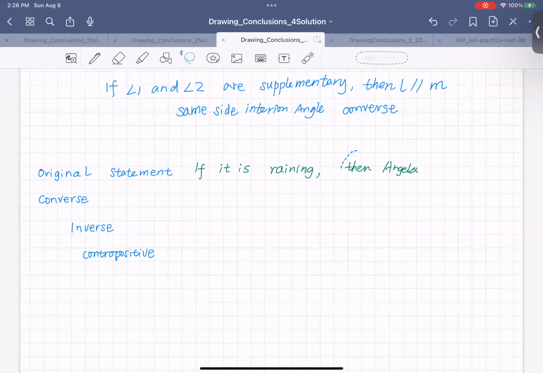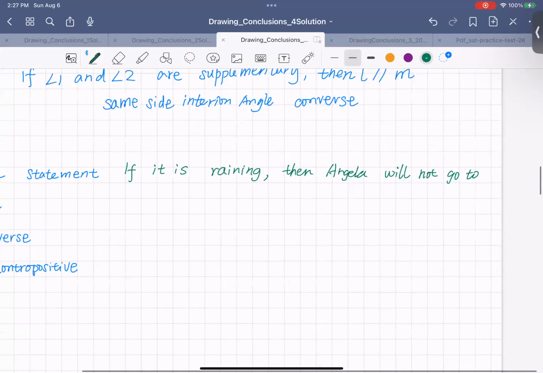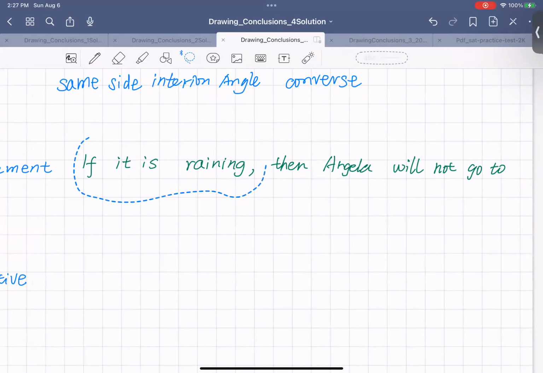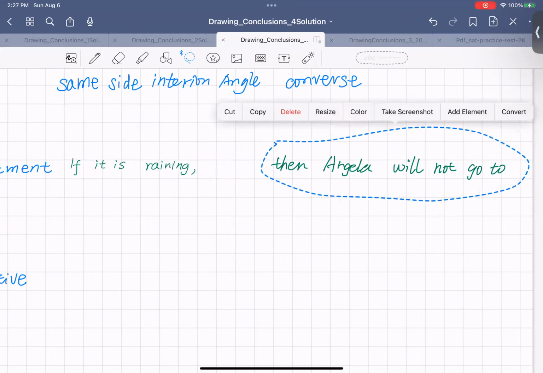So this is called the original statement. Write down this. This is something important. We want to truly understand this part.